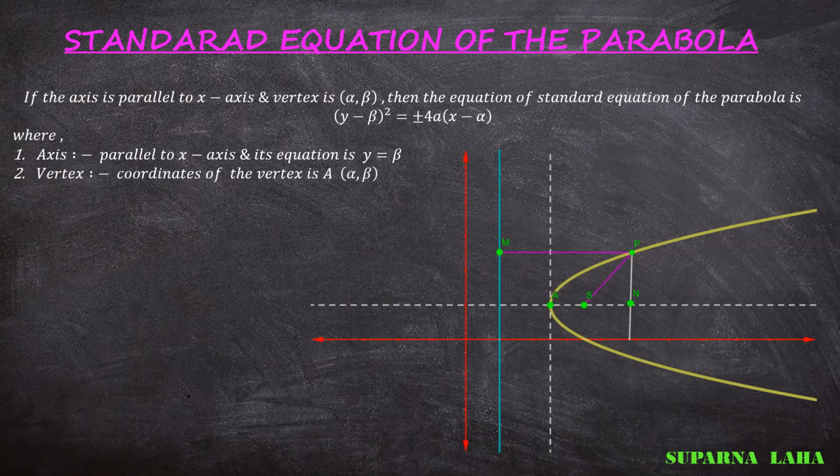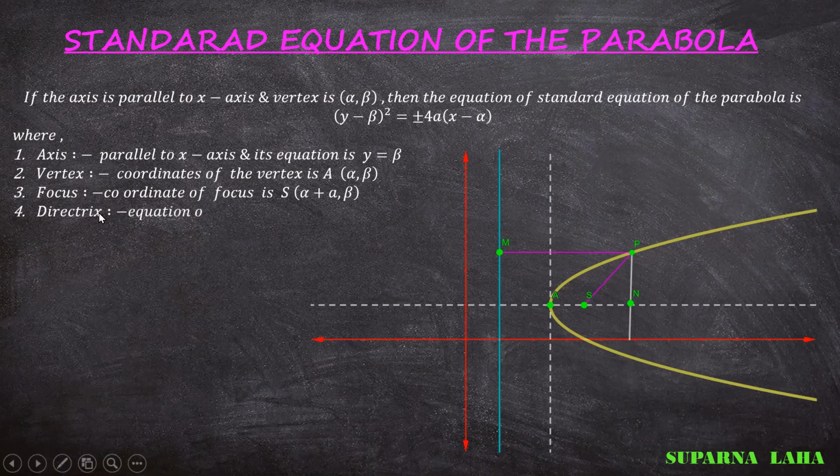It's already given here. Now next is the focus. So the focus is (α + a, β). In the previous picture where we found the standard equation, I already mentioned this focus, that is, the coordinate of the focus is (α + a, β). The equation of the directrix is x + a = α, and the length of the latus rectum is 4a units.